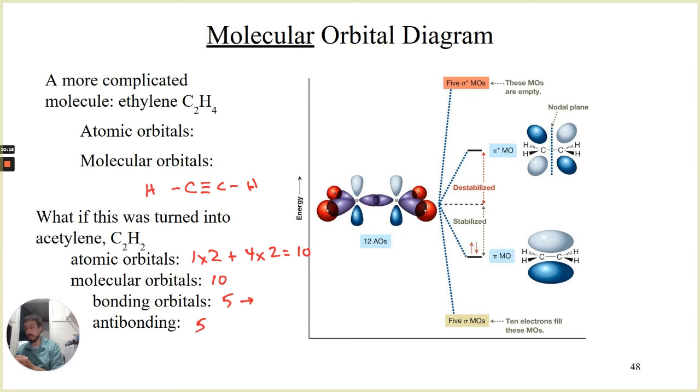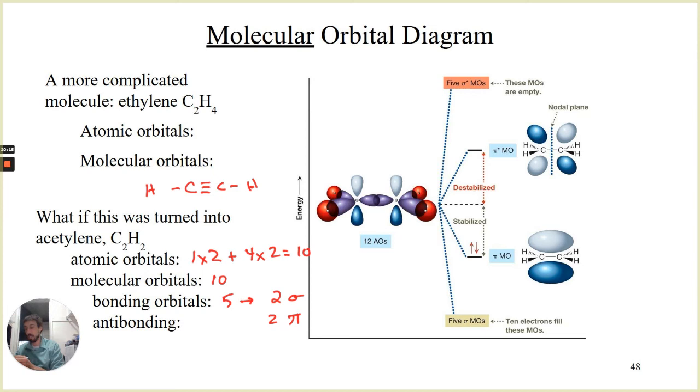How are those going to split out? Well, for our sigma, we have 2 sigma, and for our pi, we should have 2 pi, gets me 4. 8, 2.